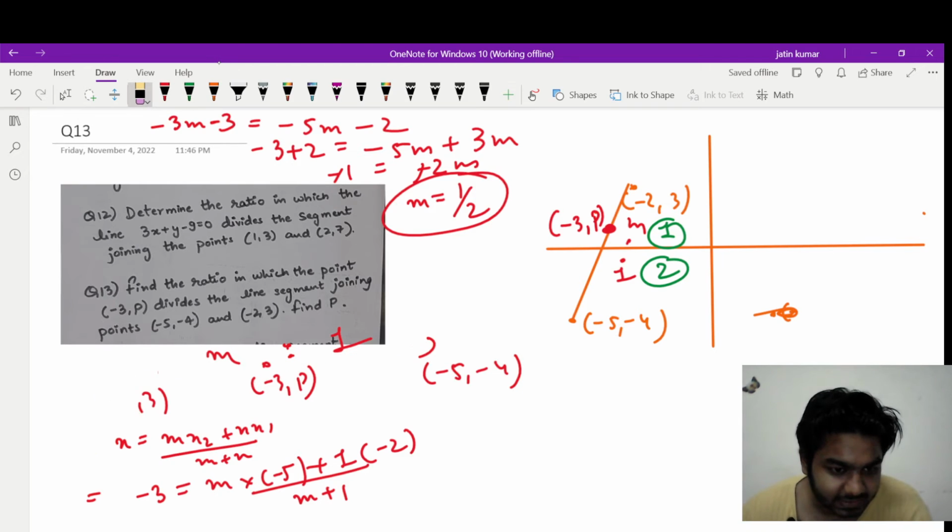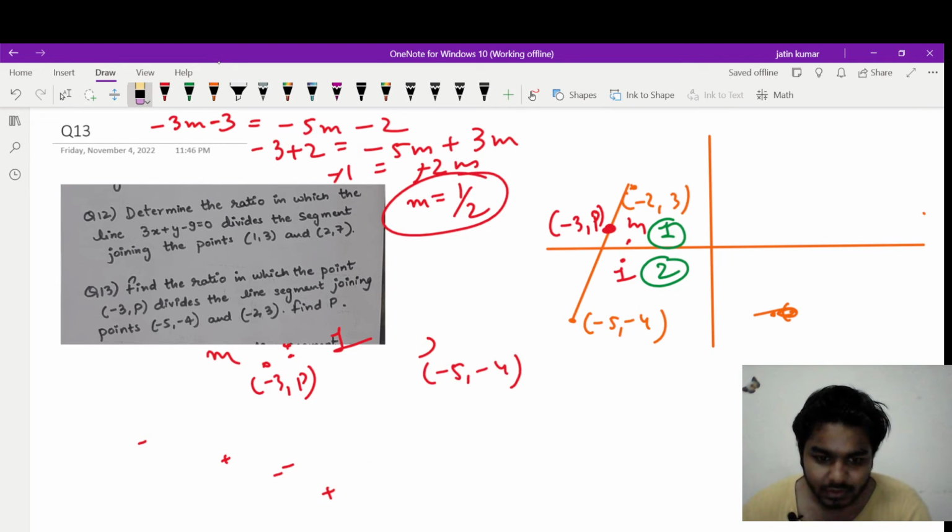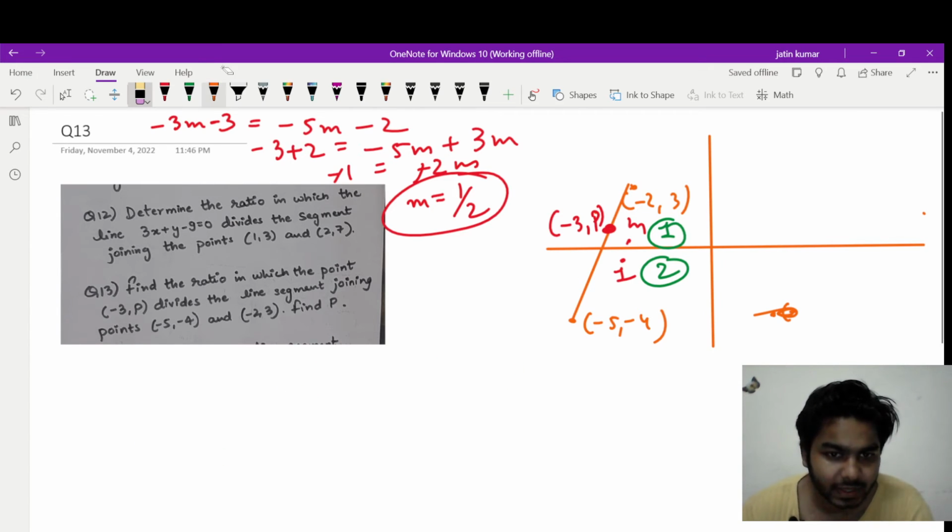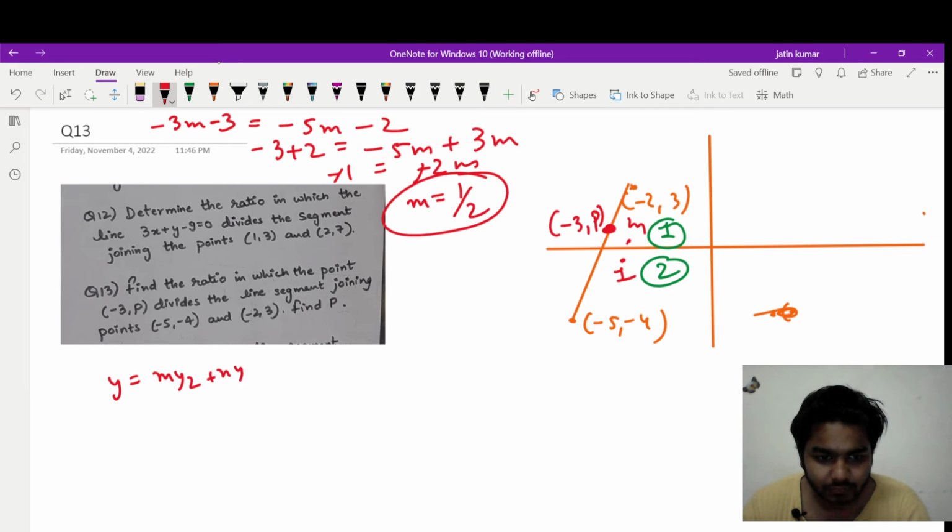Now from the section formula for the y coordinate we can find the value of p. We have m ratio n as 1:2. So y is equal to (m y2 plus n y1) upon (m plus n). Here m is 1 and n is 2.